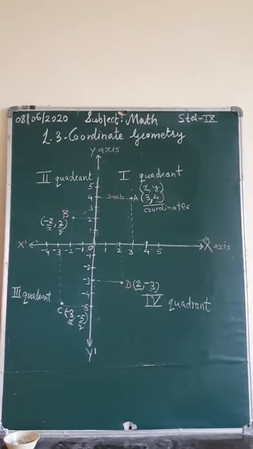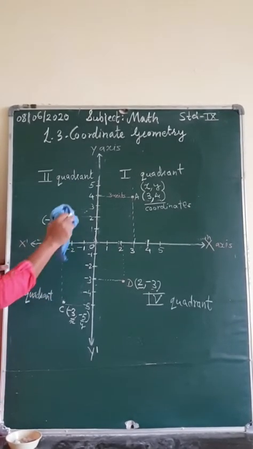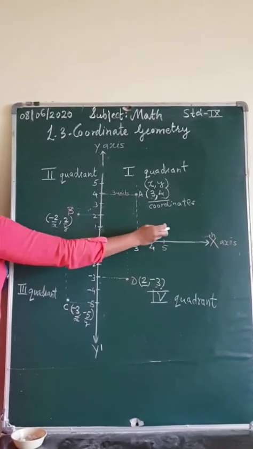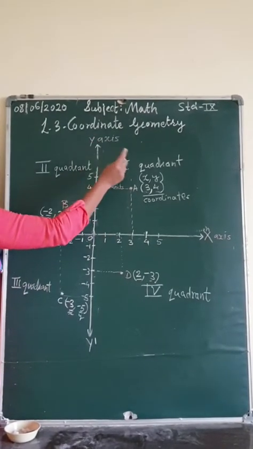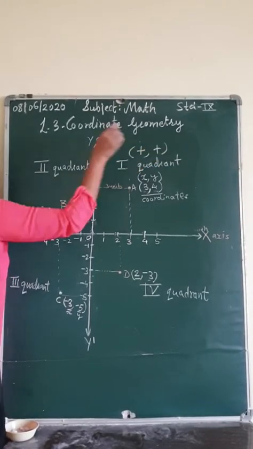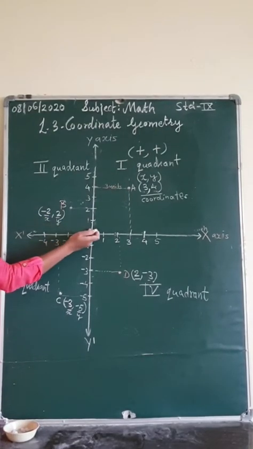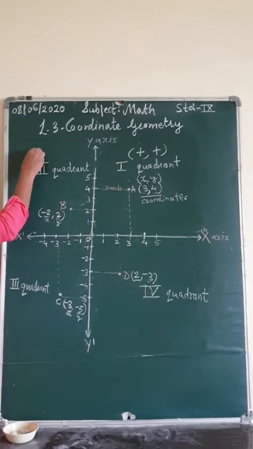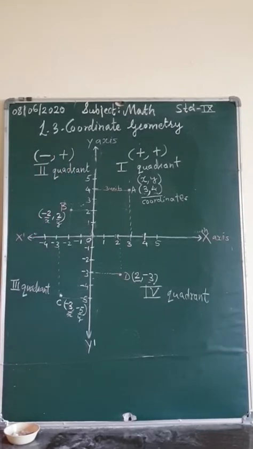With the help of this, we can write the signs of coordinates in the quadrants. In the first quadrant you can see that the x-axis is in positive direction as well as the y-axis in positive direction. So the signs are plus, plus. In the second quadrant, x-axis is in negative direction, y-axis is in positive direction, so the signs are minus, plus.